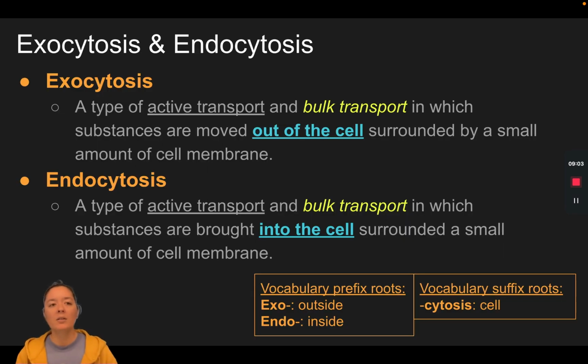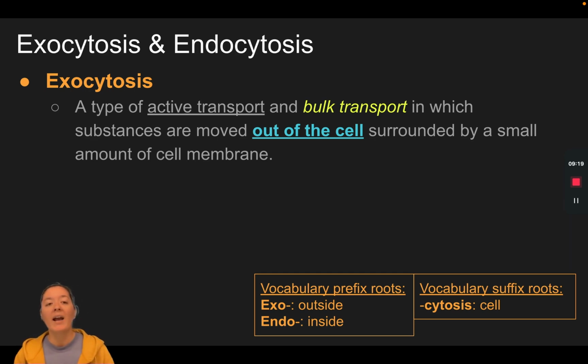The last little bit here is exocytosis and endocytosis. These are a couple of those words that sound similar, but because of that very slight difference in their prefix, mean opposite things. So exo means outside, and cytosis means cell, so exocytosis means that we are moving things outside of the cell.